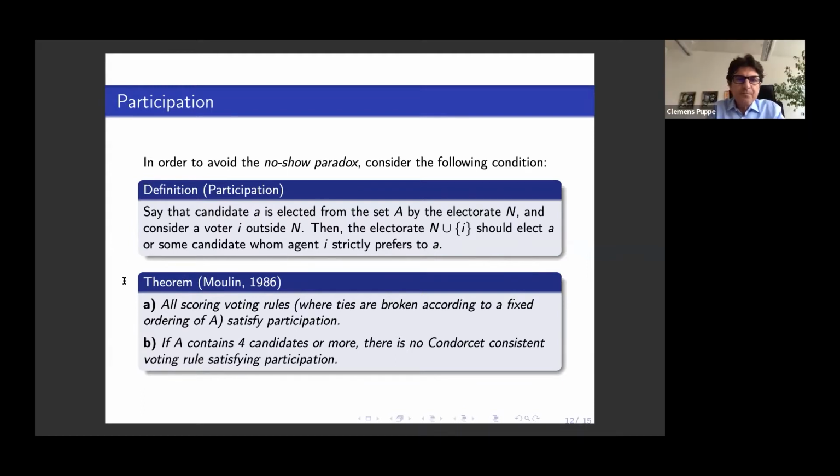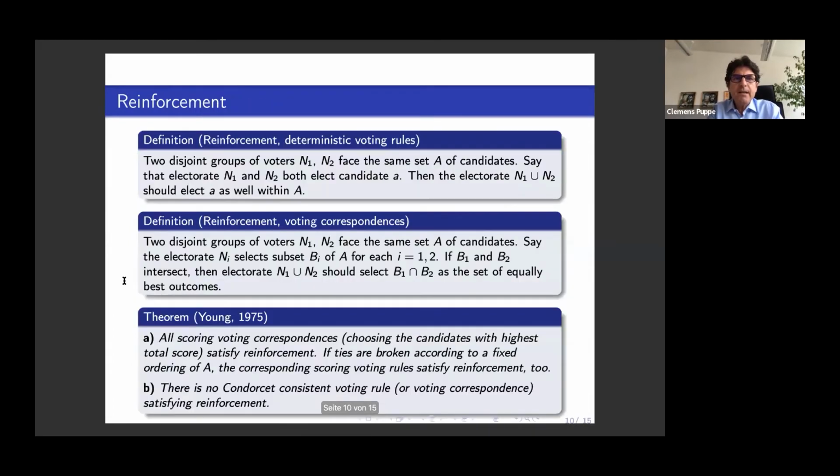All right. So actually, Young in the same paper has another result, namely that all scoring voting correspondences satisfy this reinforcement property, in any of these formulations of reinforcement, and that no Condorcet consistent voting rule satisfies reinforcement.